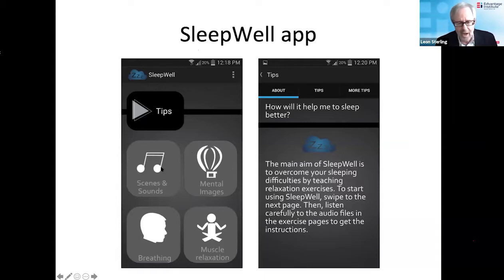In the middle of the night, you've got 4 big buttons. You can try breathing. You can try mental images. You can put on some background sounds or music and relaxation. And then there are some tips which you can read. You've designed it and thought about what will make it less distressing for someone when they want to sleep better.